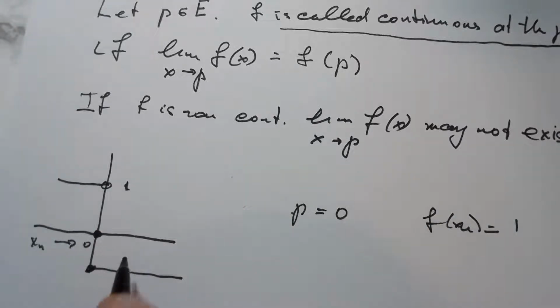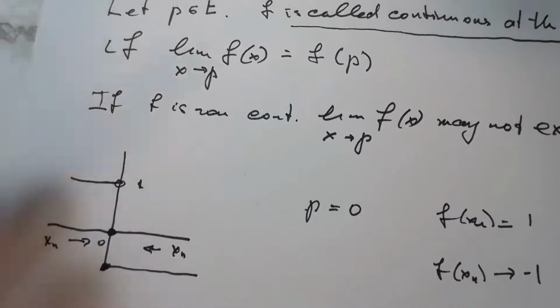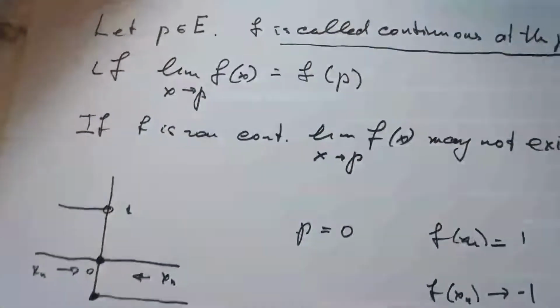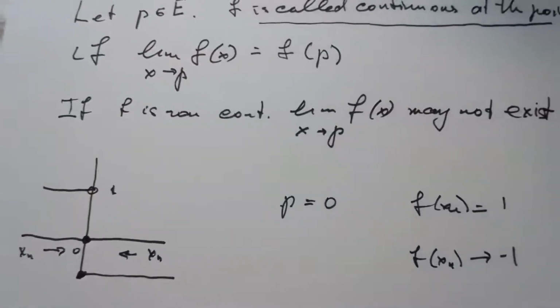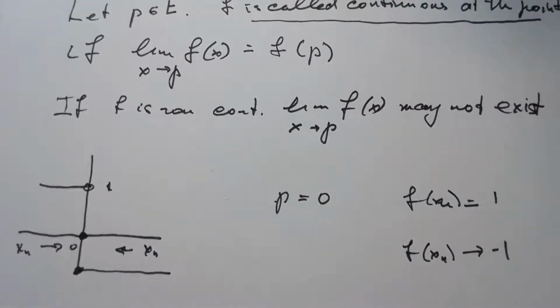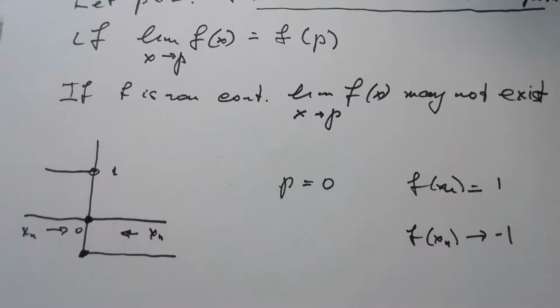On the other hand, I can choose a sequence xn which converges to 0 on the right, and then f of xn will converge to -1. And since the limit has to be unique, it cannot be two different values, this function is not continuous. In other words, this limit does not exist. I'm actually not telling you anything more than you should know from Calculus 1.